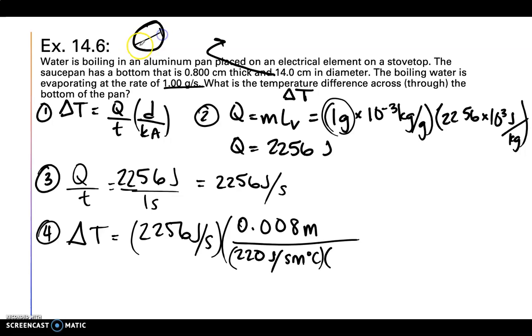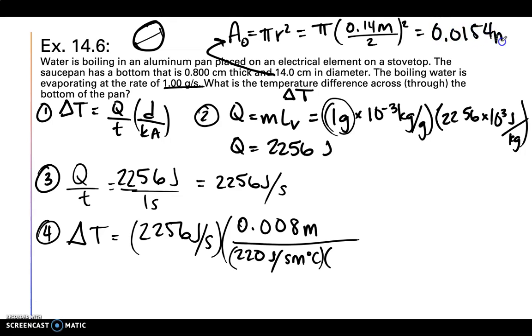We have our diameter, but we want to know our area. Area of a circle is pi r squared, so that'll be pi times r, which is this divided by 2. We need it in meters, so let's do that. Our area of this pan is 0.0154 meters squared, not cubed. Sorry, area, not volume.